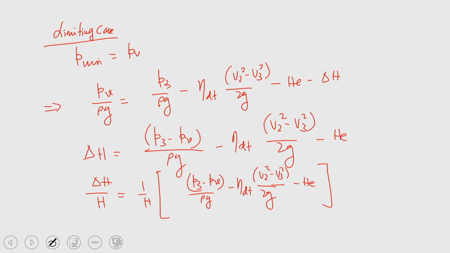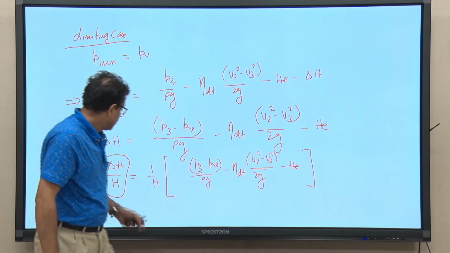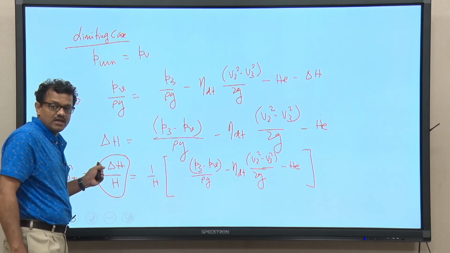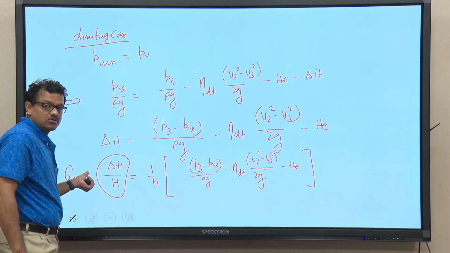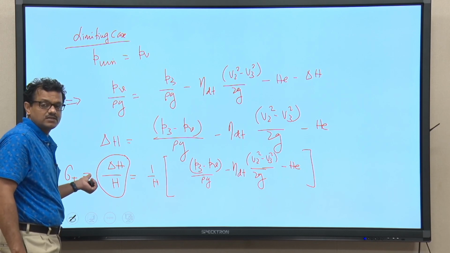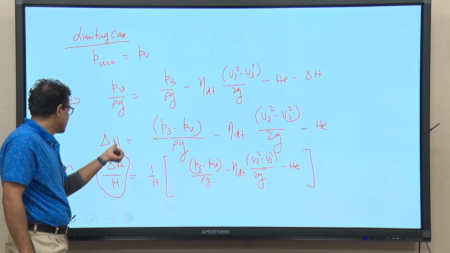So, this delta H by H is again a dimensionless term. This is also head, and this is known as the Thoma cavitation factor for the turbine. We introduced this term when we discussed cavitation in the context of pump operation. Similarly, now we are introducing the Thoma cavitation factor for the turbine, which is nothing but delta H by H.